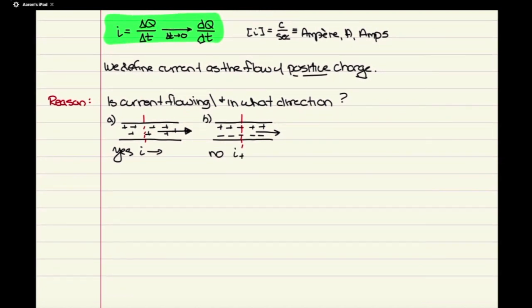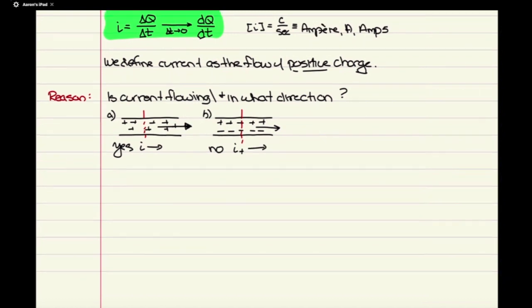If I look at just the positive charges, they are moving to the right. If I look at the current associated with the negative charges, since the negative charges are moving to the right, we would signify that as a current moving to the left. Again, we define current as the direction of where positive charge is, or the opposite of where negative charge is flowing. So in that case, they cancel out. There is no net current.